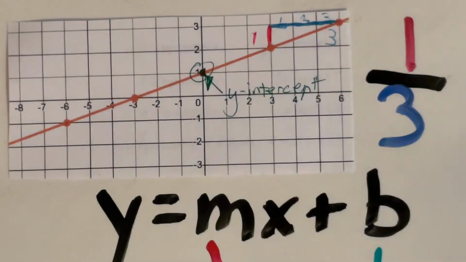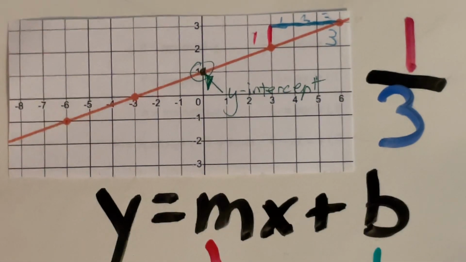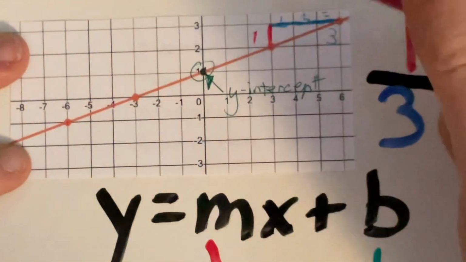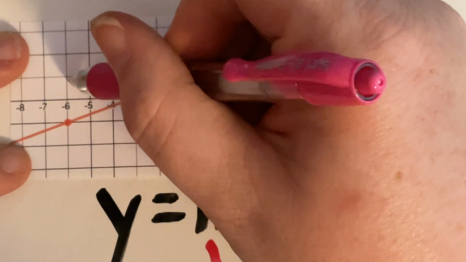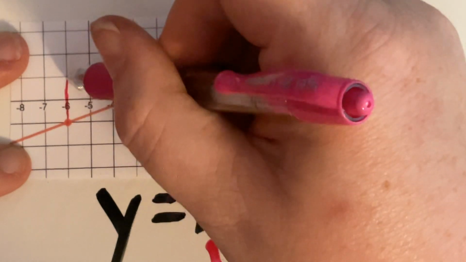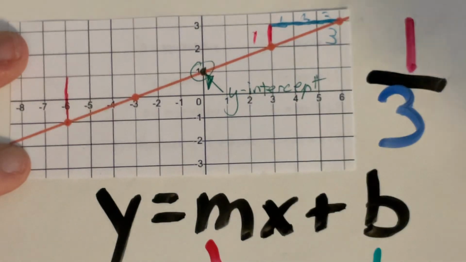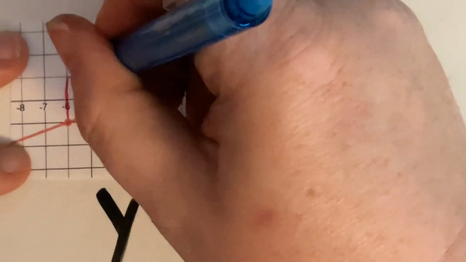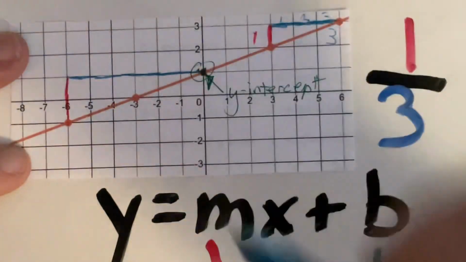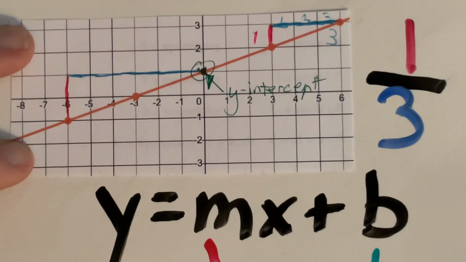Now, if you've been working with me in the back, you know that I always say pick 2 points that are close together. Well, sometimes we don't notice 2 points that are close together and we end up going a little further apart. It doesn't matter what 2 points you pick, but it is important that you pick 2 good ones.